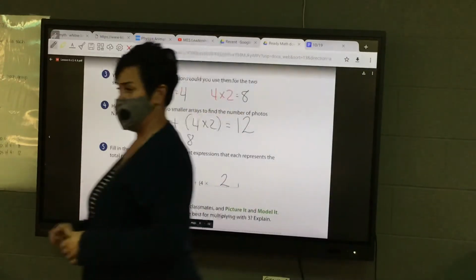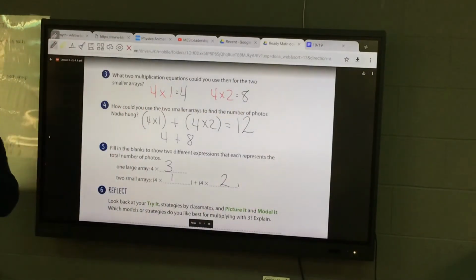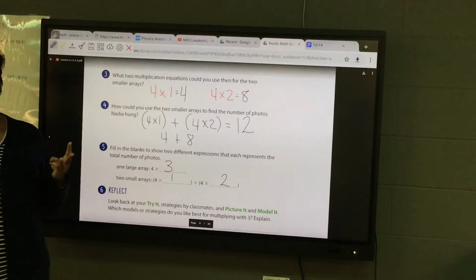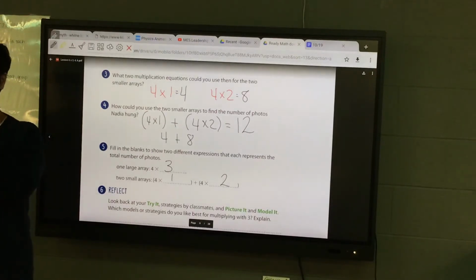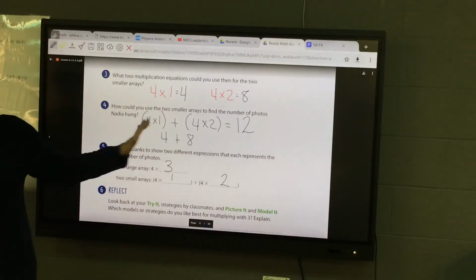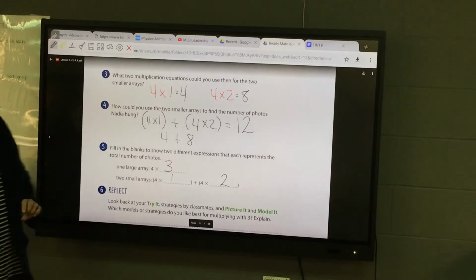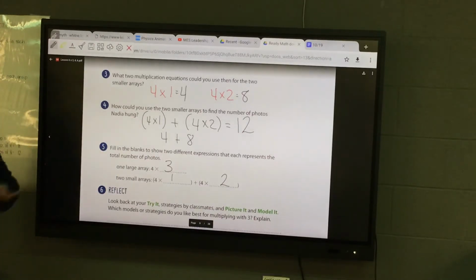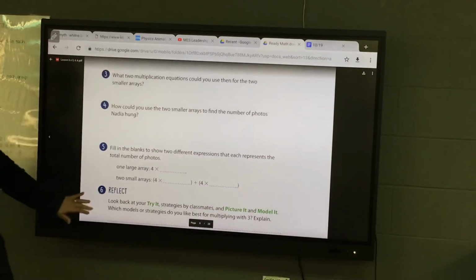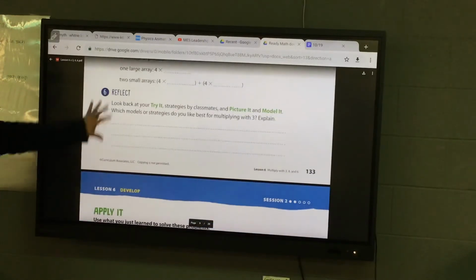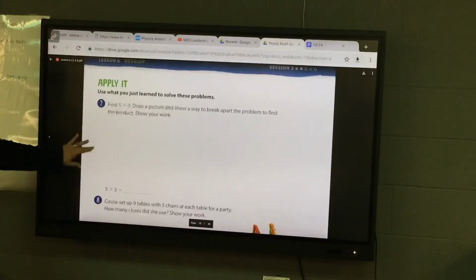All right, so if you struggle skip counting by 3s, could you break it apart like they did here? Definitely. Just another strategy to help us with our multiplying. We're gonna skip that.